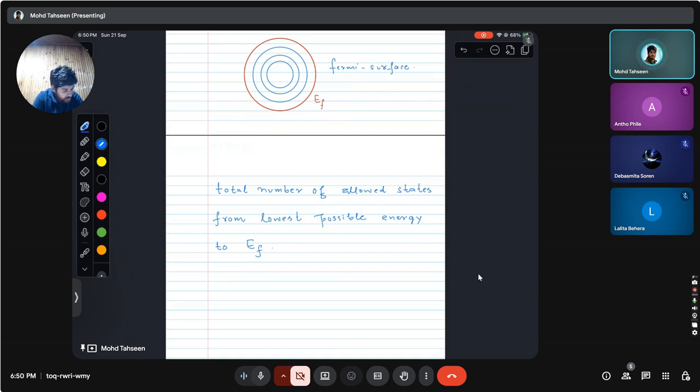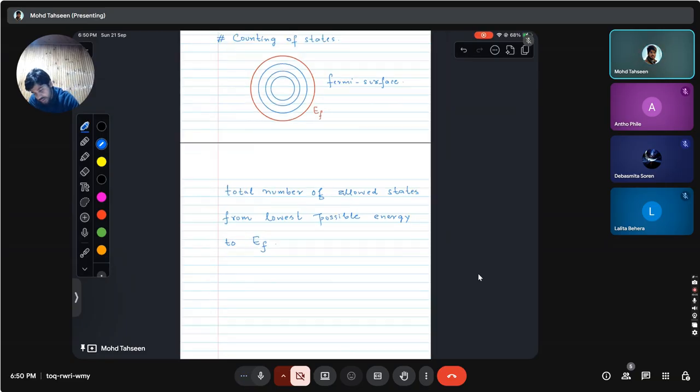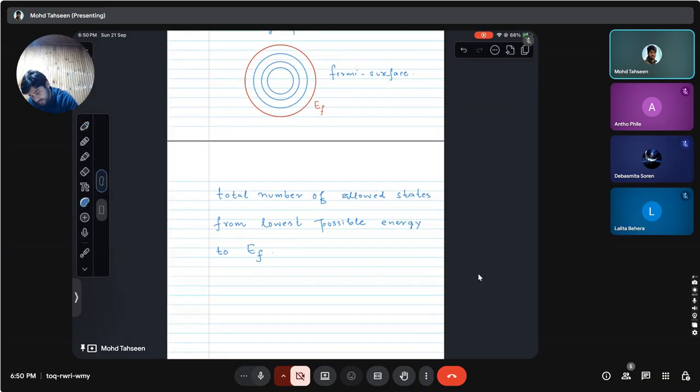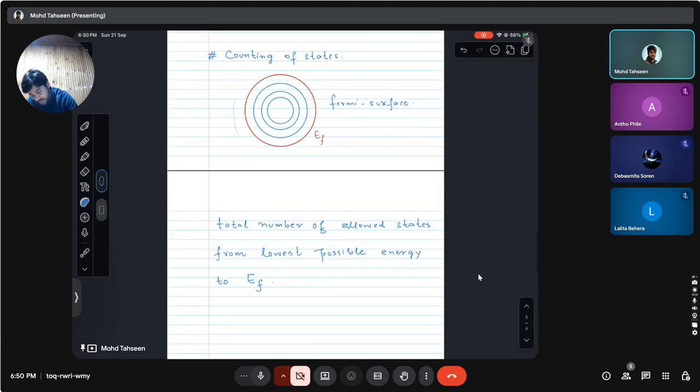So how do I do this? Right? So in a way I want to compute what are the number of energy levels, what are the number of allowed states, right?